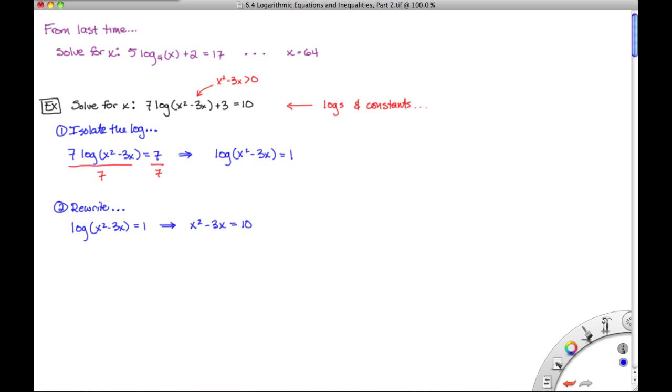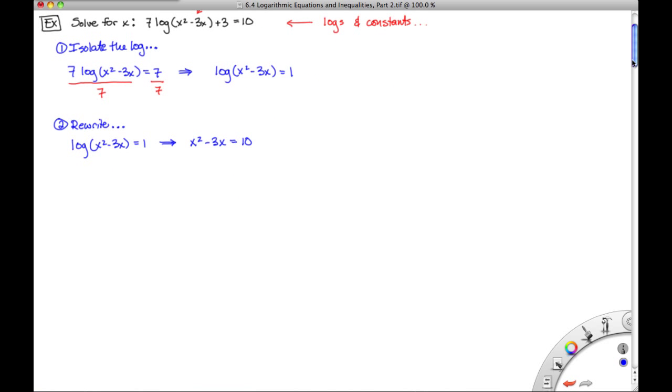So now all we need to do is go ahead and solve this for x. What we've got is a quadratic. So let's go ahead and set it equal to 0. So we've got x squared minus 3x minus 10 is equal to 0.